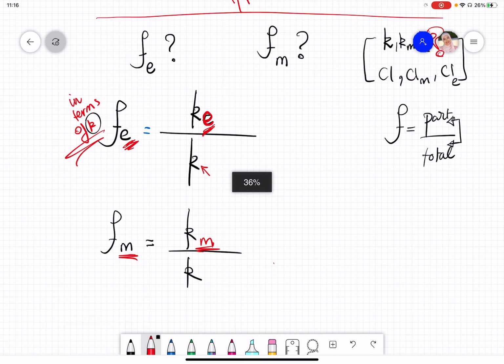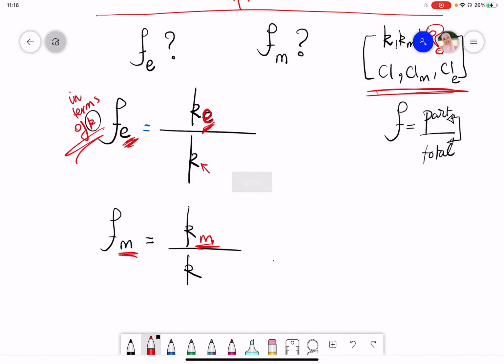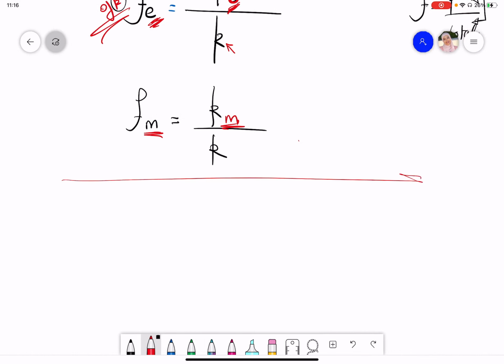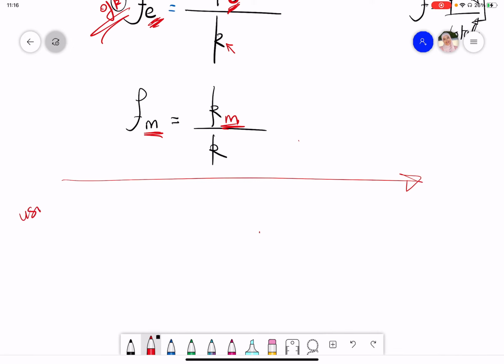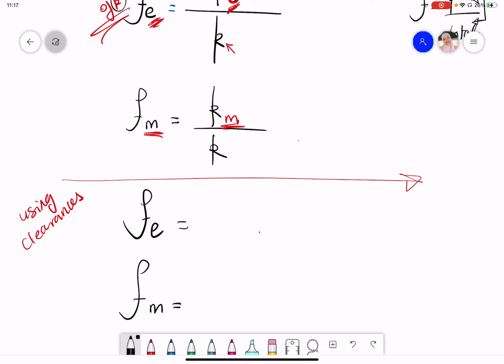Can we use another way? Let's say if we are using clearance terms. Using clearances, I can determine the fraction of excretion and the fraction of metabolism.